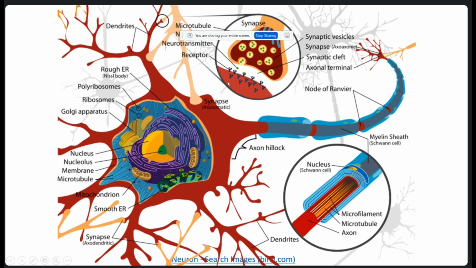As you can see here in the figure, the terminals are releasing the neurotransmitter, and a number of receptors of other neurons are there, ready to receive the neurotransmitter here, and the gap between these two neurons is termed a synapse. So the synapse plays a very important role in the movement of the neurotransmitter or information.